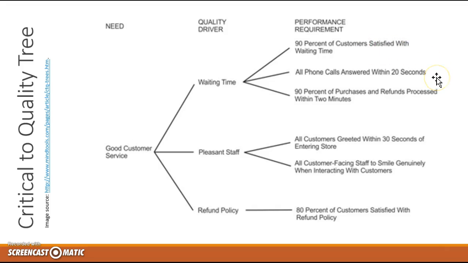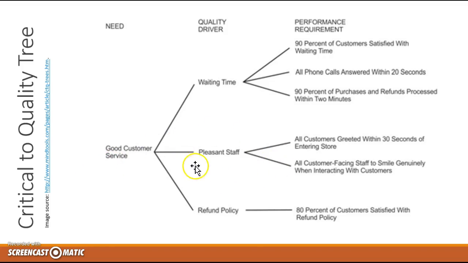A second is that all phone calls are answered within 20 seconds. And a third is that 90% of purchases and refunds are processed within 2 minutes. If we're meeting all of those performance requirements or specifications, then we're meeting customer expectations in terms of waiting time. But we've not yet achieved good customer service.